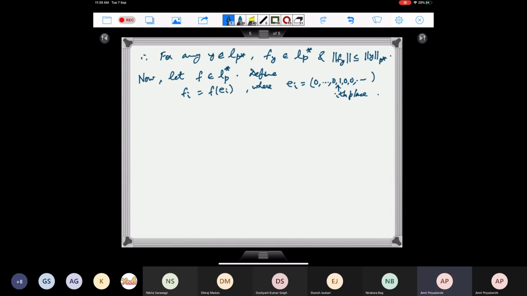So if f is in the dual of l^p, we look at the image of these vectors e_i and define f_i equal to f of e_i. Then these f_i's are scalars.